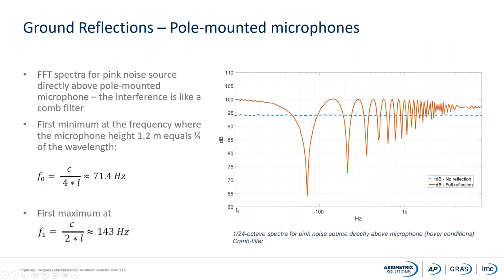So if we change the frequency from 0 hertz up to 10 kilohertz, you will see an octave spectrum of this size. What is happening here is that we can calculate, for 1.2 meters above the ground, that we will have a minimum or a dip here at 71.4 hertz, and then a maximum at 143 hertz, and then it will just continue like this.